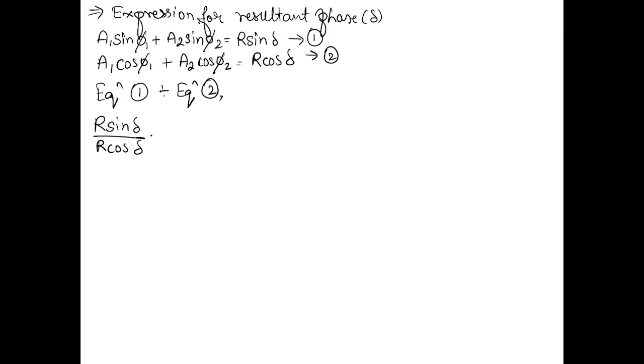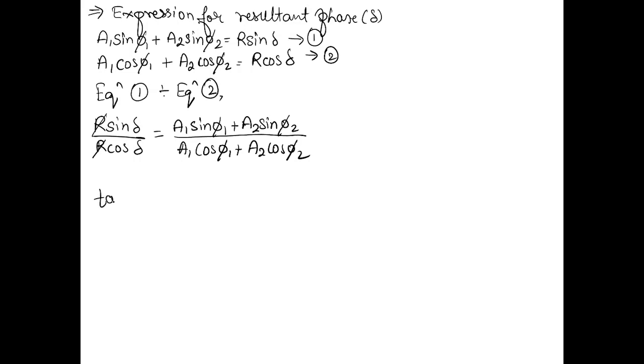R sine delta divided by R cos delta is equal to A1 sine of phi 1 plus A2 sine of phi 2 divided by A1 cos of phi 1 plus A2 cos of phi 2. So this R and R will get cancelled. Sine by cos is tan, so this is tan delta.